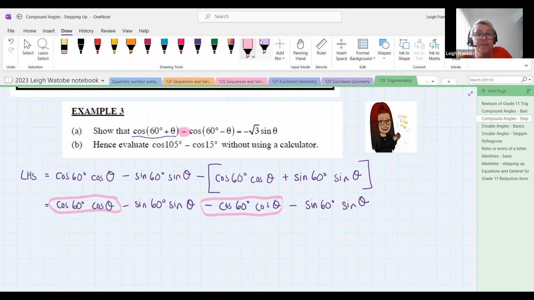What remains, these are also like terms. So here I've got minus sine 60 sine theta, and here I have minus sine 60 sine theta. So when I simplify the ones circled in purple, what do I end up with, Matrix? What am I going to get?